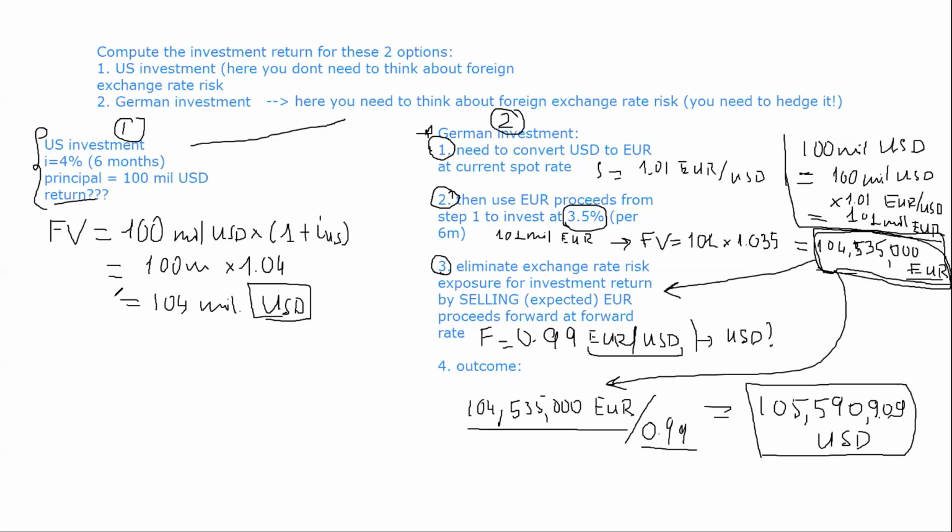So what do we do next, guys? We have computed the investment returns for both options. Now, what are we going to advise the treasurer? Am I going to invest domestically, or am I going to go to Germany to invest?